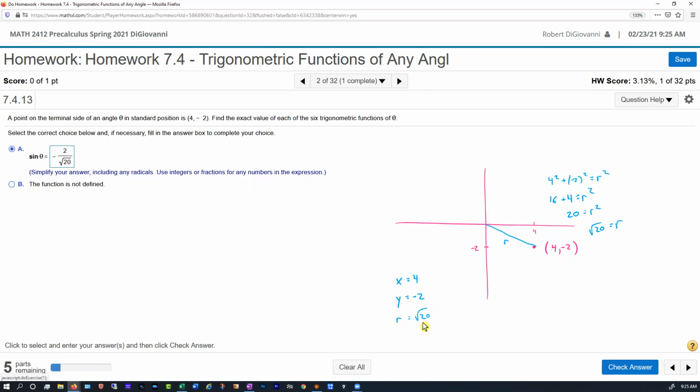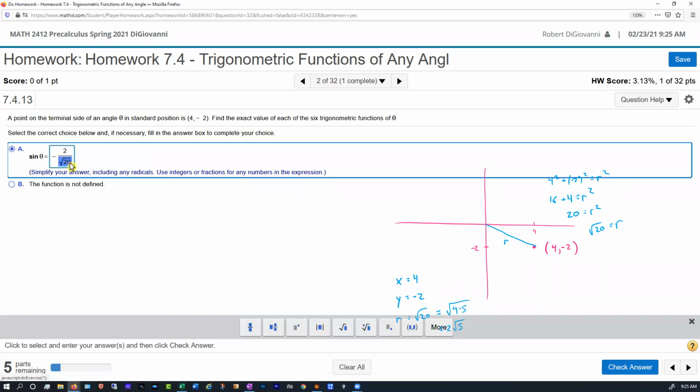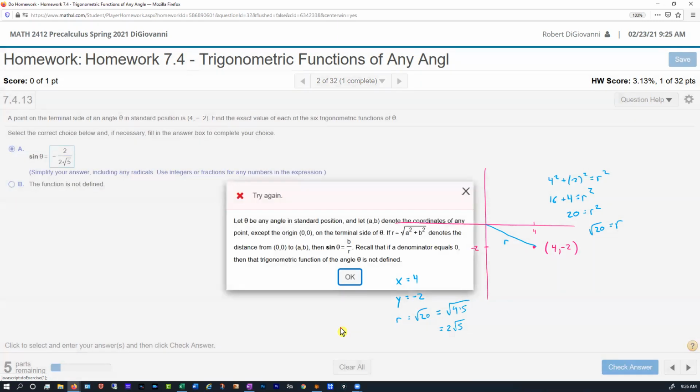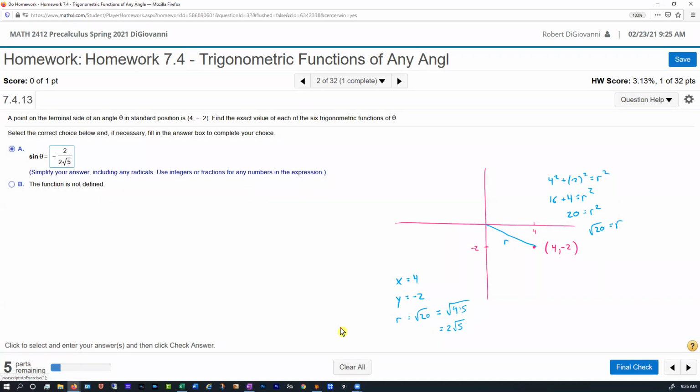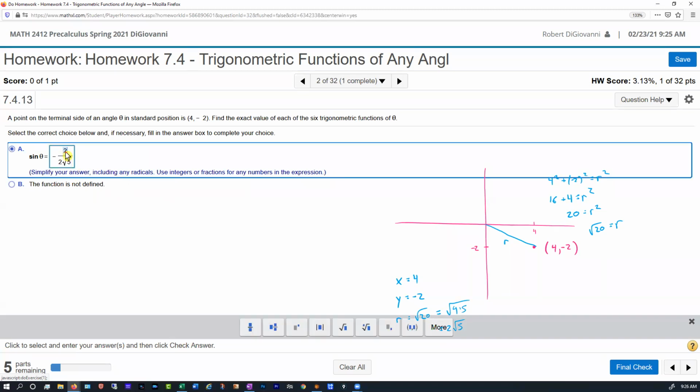Oh, okay, they're going to want me to simplify the radical. Oh, I almost forgot. This is equal to, let's see, square root of 4 times 5, which is 2 root 5. Okay, let me do that then. So on the bottom here, I'm going to put 2 square root of 5. Do they want me to reduce that? The 2, that's a 1.